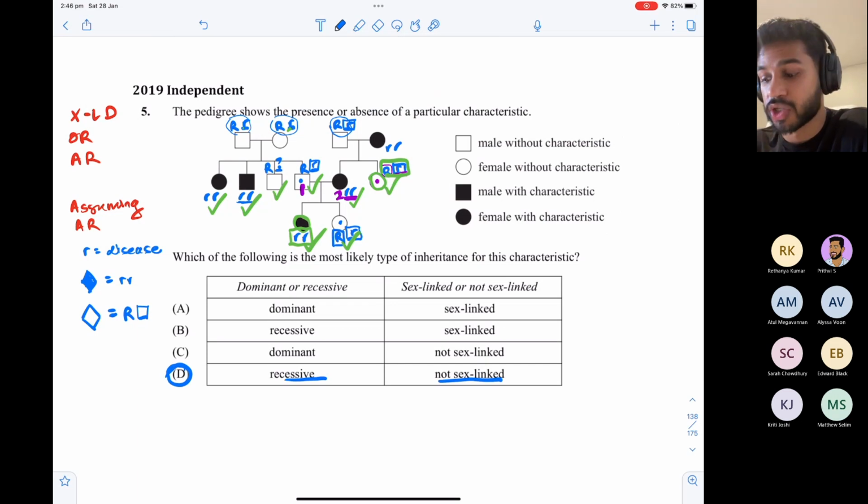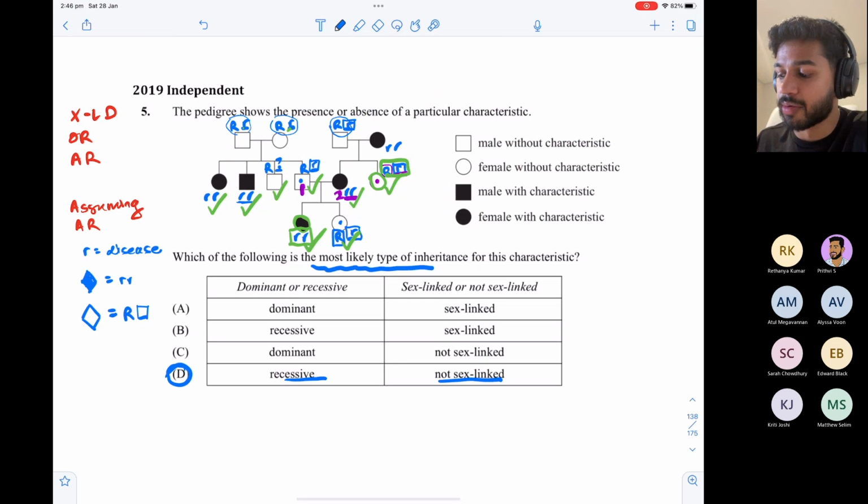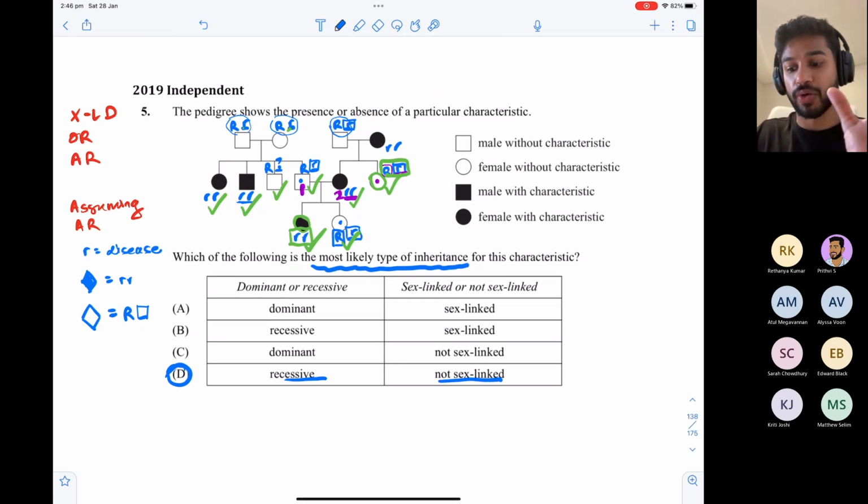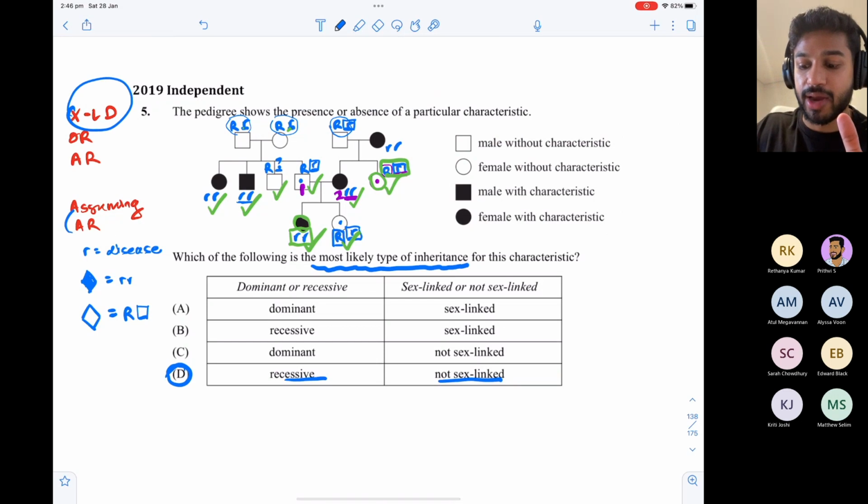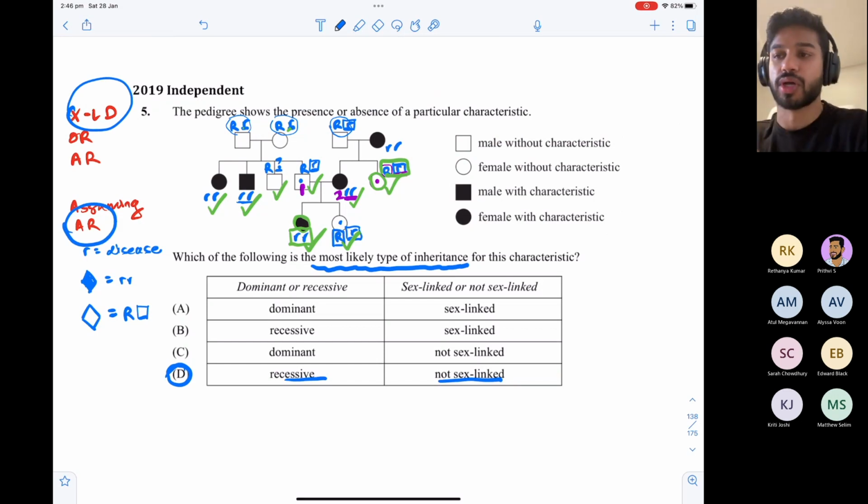They will never give you a question asking you what is the most likely type of inheritance if both X-linked dominant and autosomal recessive completely work in the pedigree. Right? But since we've come to one answer working, that must be the answer.